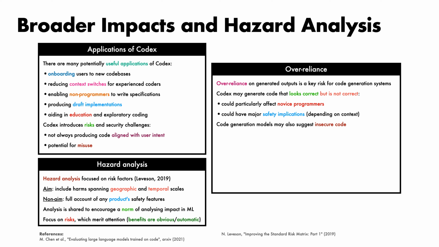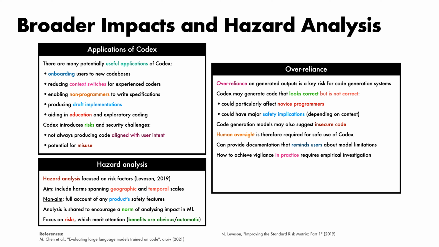In addition to these factors, code generation models could also suggest code that is insecure, raising further security issues. Human oversight therefore plays a key role in the safe use of Codex and related code generation systems. One route forwards is to provide documentation that reminds users about the limitations of Codex, but the question of how to achieve vigilance in practice requires empirical investigation.